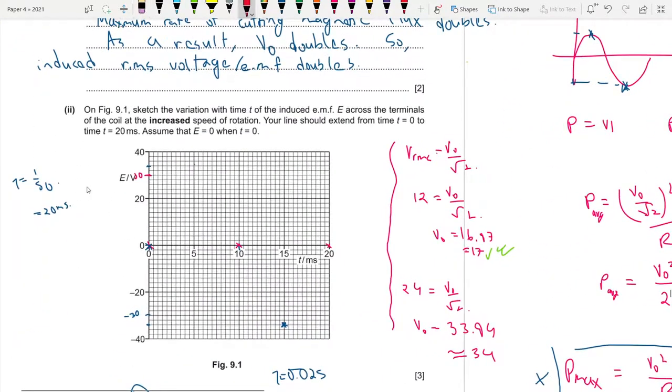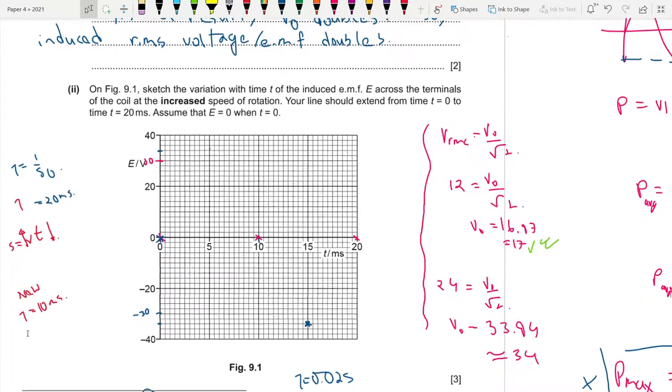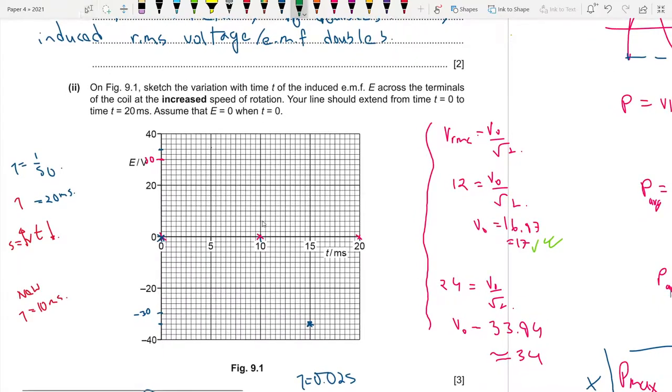Beforehand, we would be completing one period in 20 milliseconds. But now, since our speed has doubled, and speed is distance over time, time will be halved. So the new time period will be 10 milliseconds. My bad, guys, we had the wrong diagram on the screen. So 10 milliseconds is required for one period.